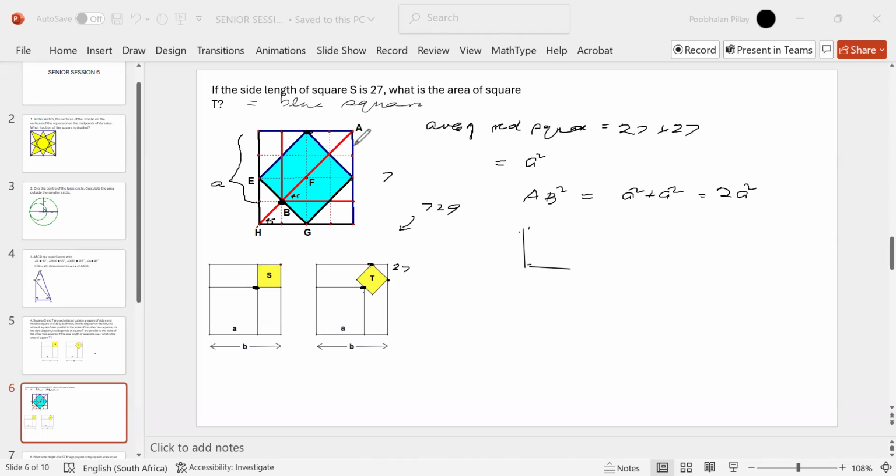So AB squared is 2A squared. Right? Now that tells me that the red square area is 2A squared, and that is equal to 27 times 27.